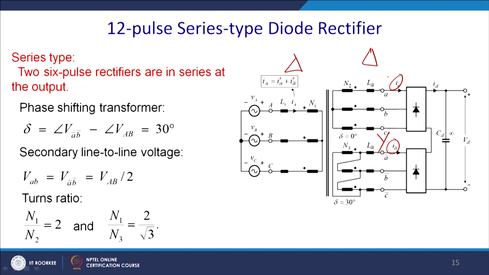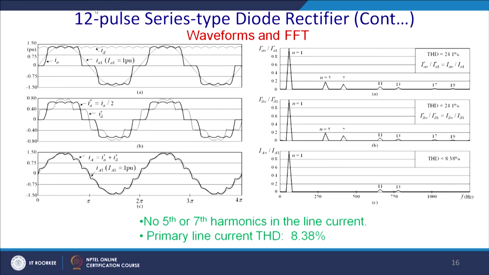The phase shift of the transformer is basically 30 degrees, and the secondary line to line voltage VAB equals VB delta equals VAB by 2, and let us assume that N1 by N2 equals 2 and N1 by N3 equals 2 by root 3. So, this is the turns ratio. So, you require a special configuration of a transformer to have a 12 pulse converter or 12 pulse rectifier in the system.